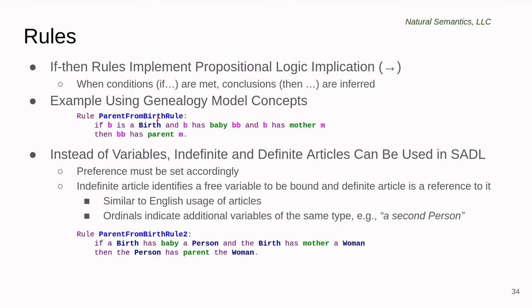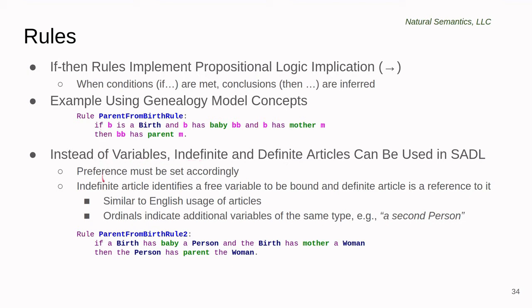So if you have a birth and it has a mother and it has a baby, then that baby has a parent who is the mother. This is one way of writing rules in the controlled English of SADL. There is another way of writing rules where instead of explicitly using variables, we use indefinite and definite articles just as we do in natural language English.